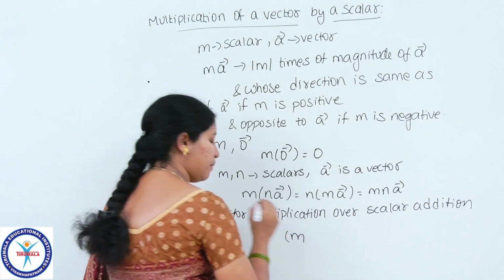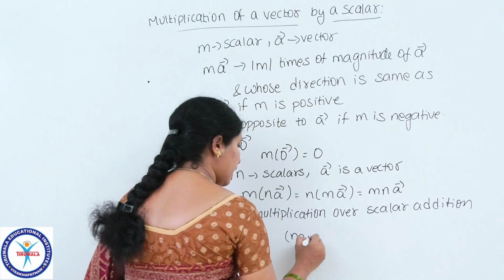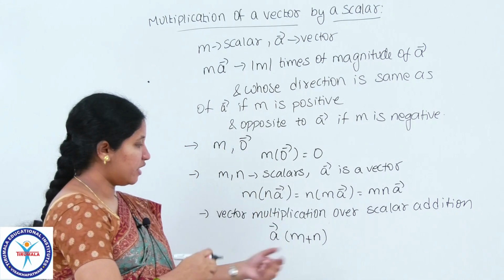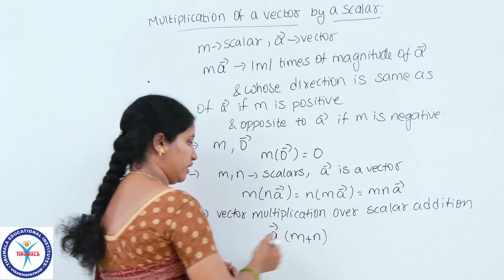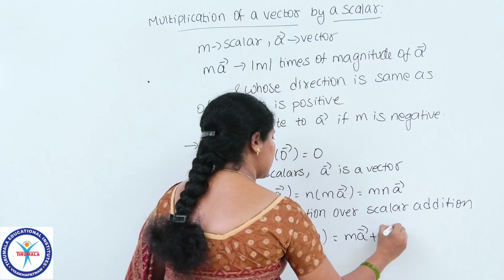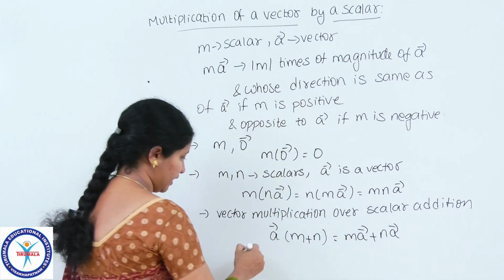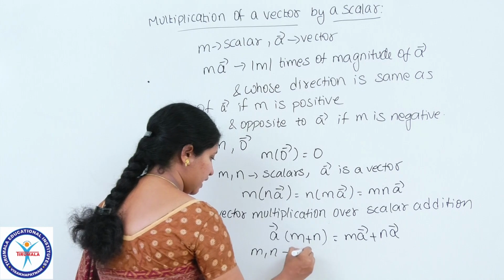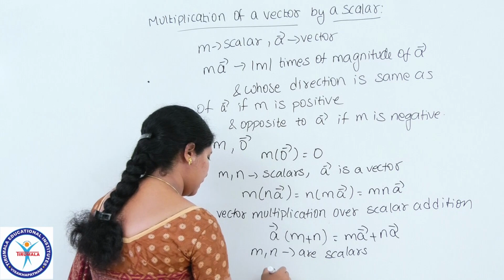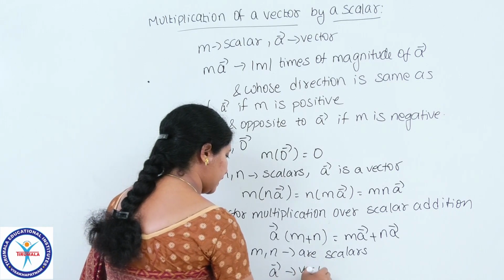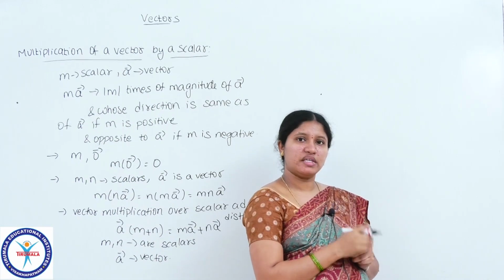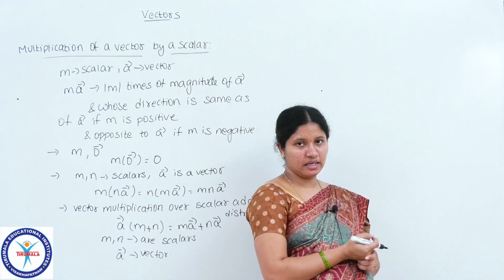So let us take m and n as scalars, so m plus n, that is a bar into m plus n is equal to m into a bar plus n into a bar, where m, n are scalars and a bar is a vector. So the vector multiplication is distributive over scalar addition.